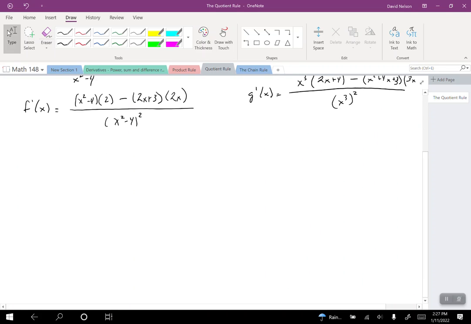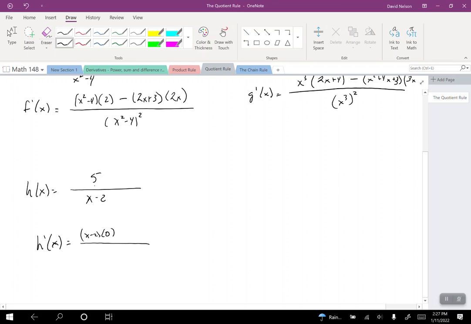If you've got a function that looks like 5 over x minus 2, we can use the quotient rule on that. You've got an x in the denominator, particularly something more than just a simple x down there, so we have to use the quotient rule on it. So it's going to be the bottom function times the derivative of the top.